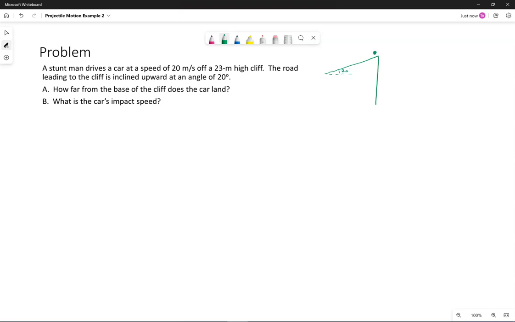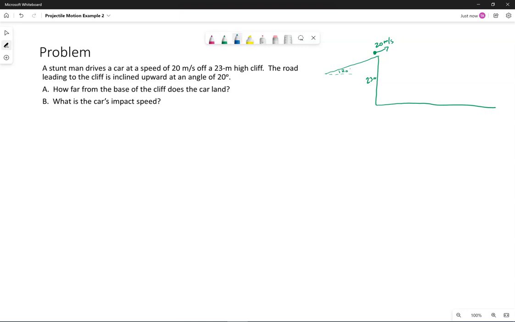And this stunt driver is driving at 20 meters per second as they drive off this cliff that is 23 meters tall. We're going to assume the ground below to be level, and it's asking us how far from the base of the cliff does the car land and what is the car's impact speed.